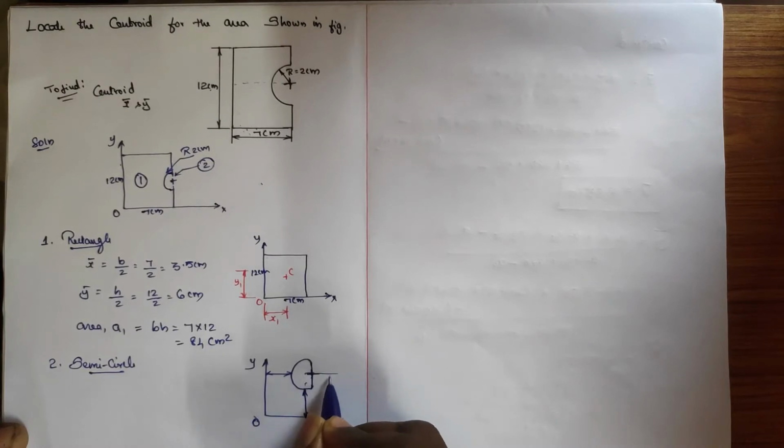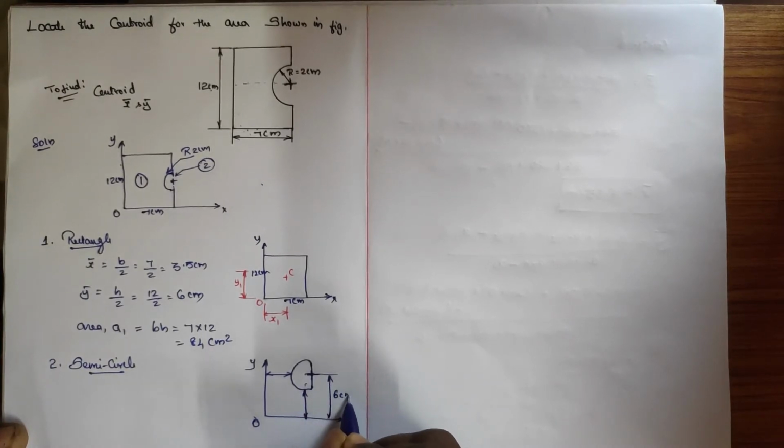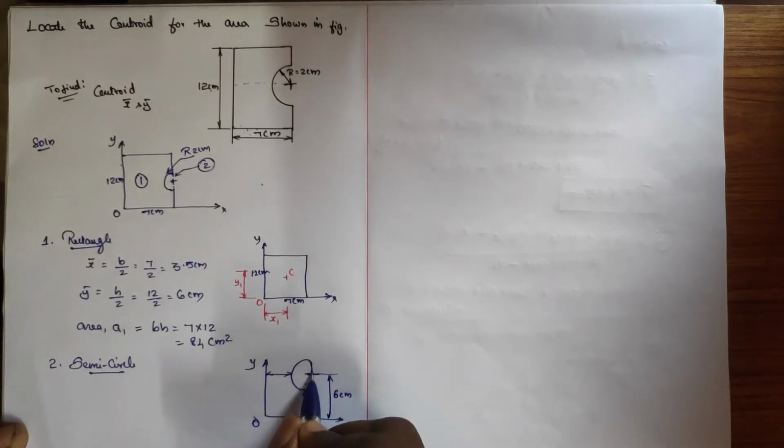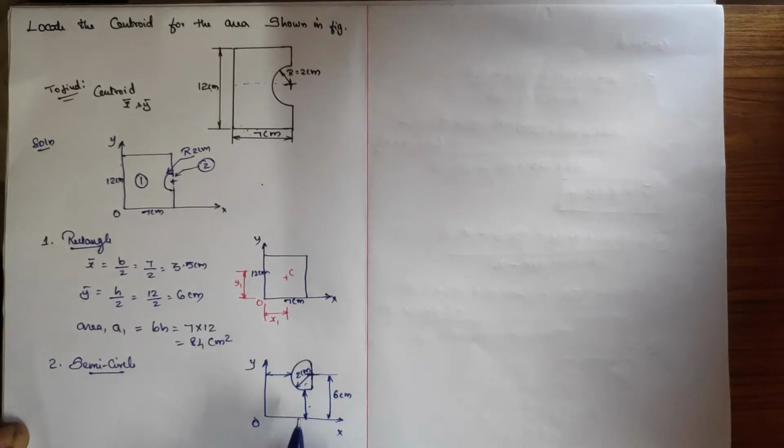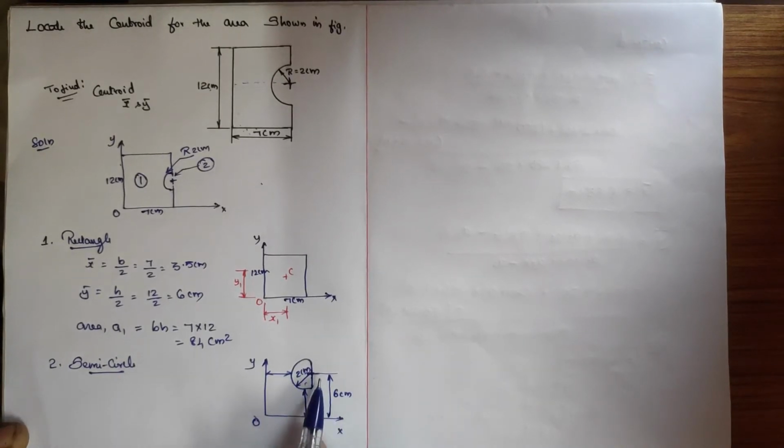Up to this center is 6 centimeter. Then the radius of it is 2 centimeter. If I subtract 2 centimeter from this 6 centimeter, I will get the answer. So 6 minus 2, I get 4 centimeter. The distance is 4 centimeter.